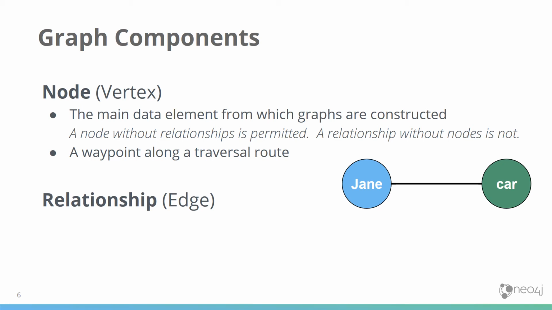They contain information you need to decide which links are good ones to follow and which ones should be ignored. And relationships are those links. So in this particular slide, Jane and car are nodes, otherwise known as vertexes.